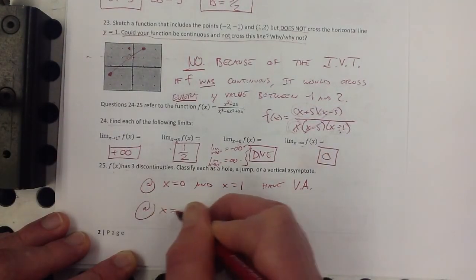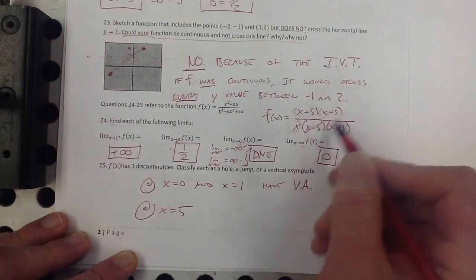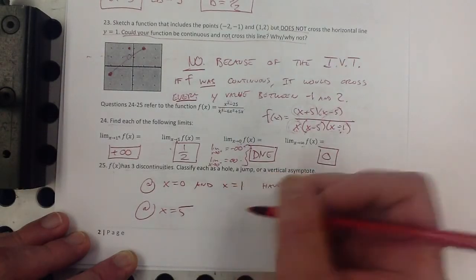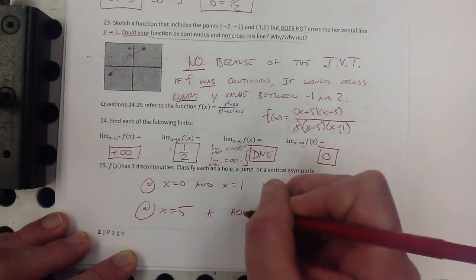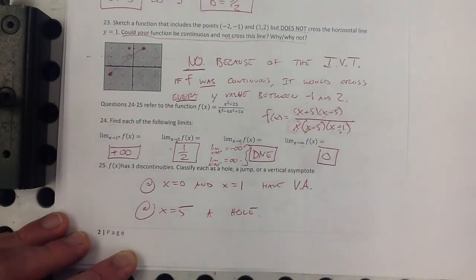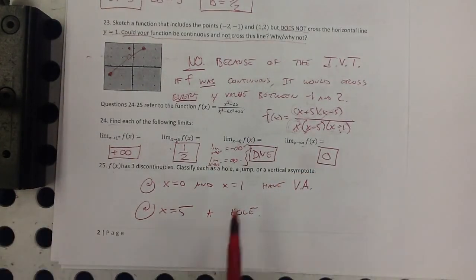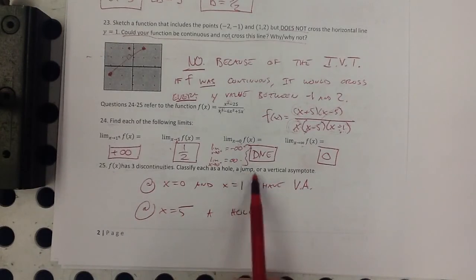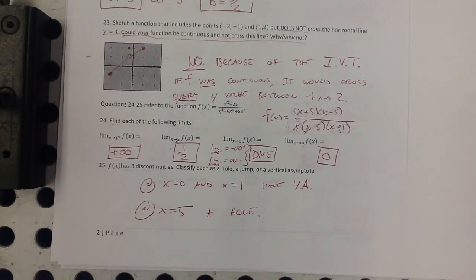And at x equals 5, because that cancels out, we have a hole. Right? You can't really get jumps unless you make a piecewise function, or I think we saw a couple examples where you can do it with absolute values. But otherwise, we're going to be looking at holes and vertical asymptotes if all we can do is factor and possibly cancel.